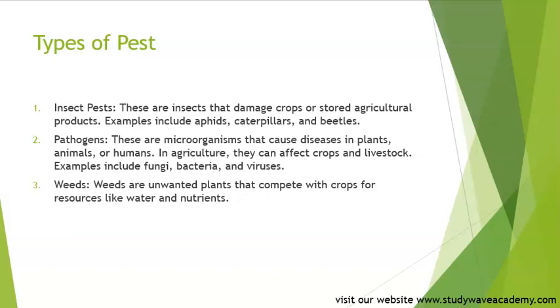These are the three main categories of pests. Remember, pests are unwanted creatures that can harm or damage crops, animals, or the farming environment.